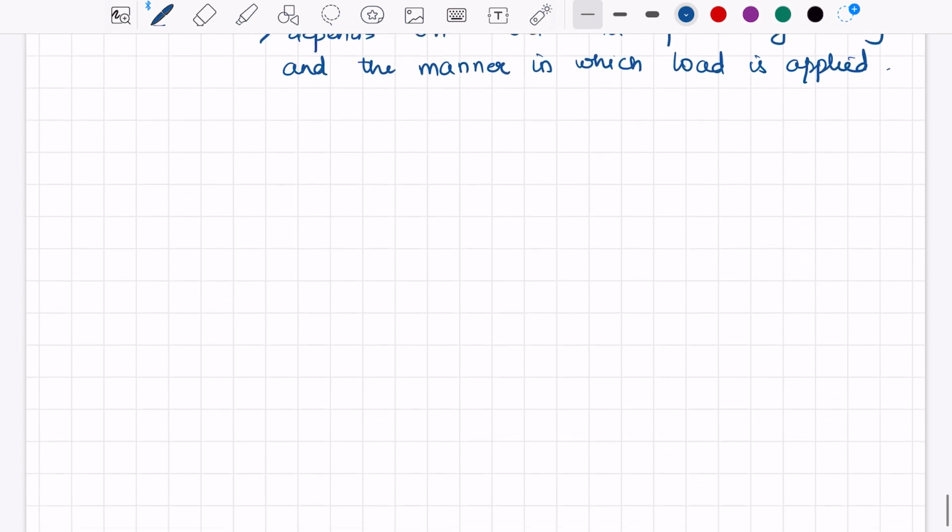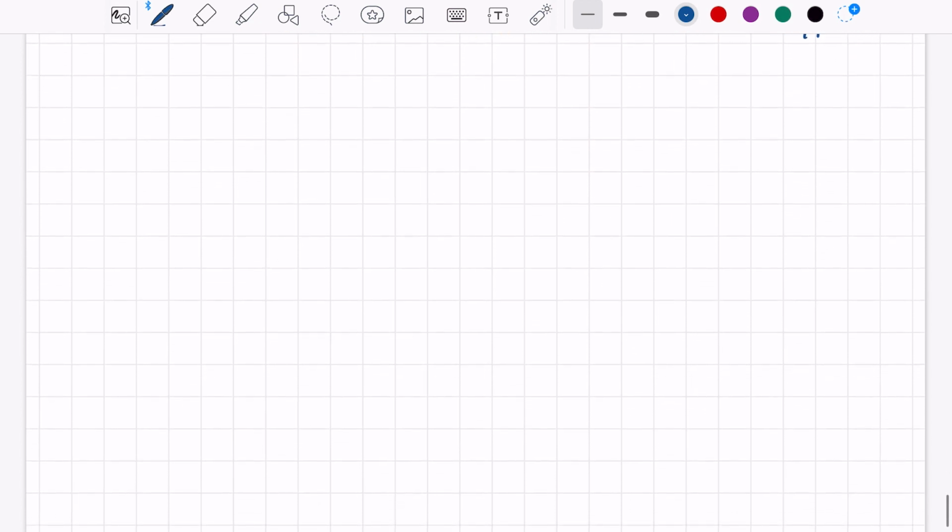Now let's see how Kc, how fracture toughness, depends on crack geometry.